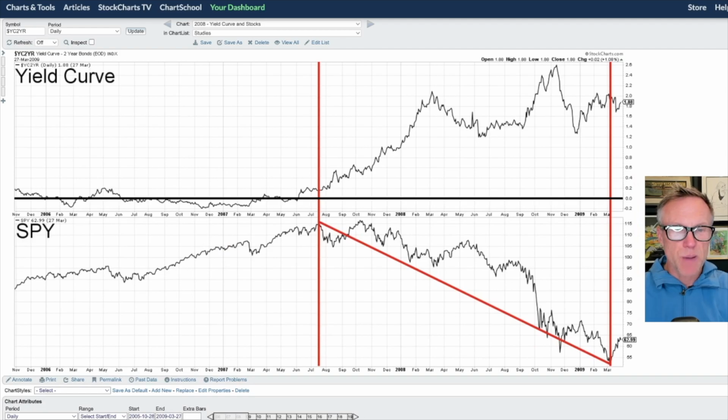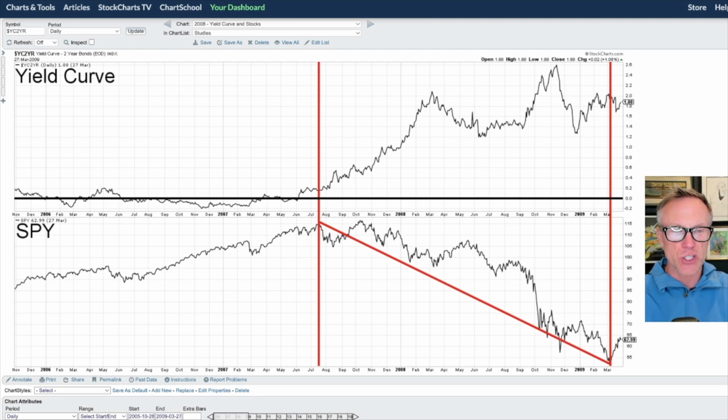Okay, now let's pop over to 2008. The yield curve had inverted over the previous, we can almost call it, 18 months. In 2006 it inverted. It was inverted in 2007, and then it started to steepen, so it got uninverted. It got back to healthiness, and then the stock market started falling.